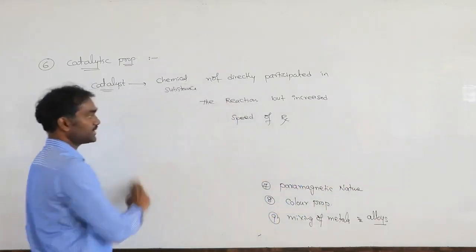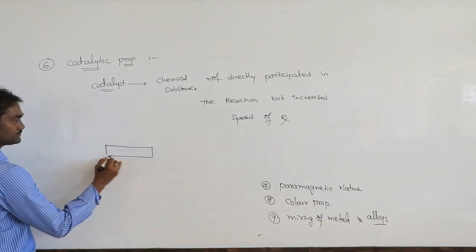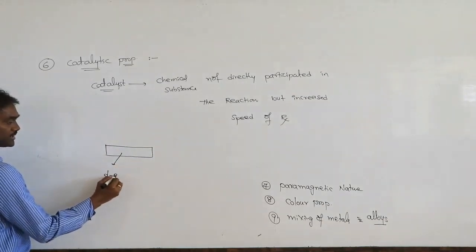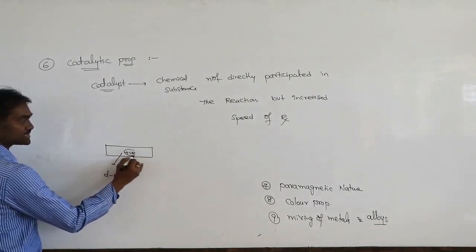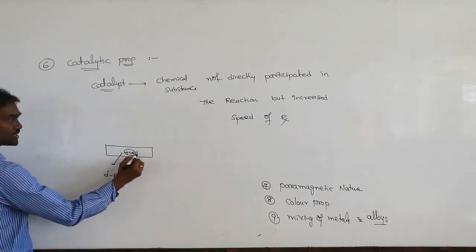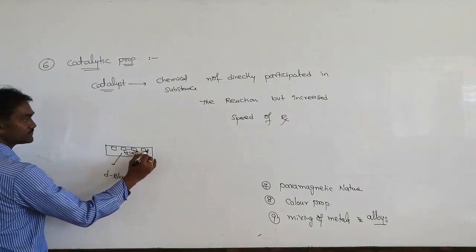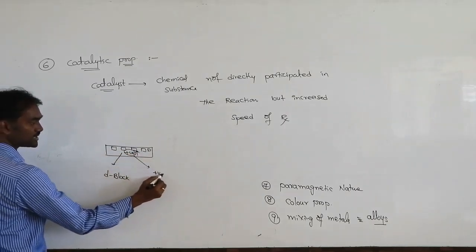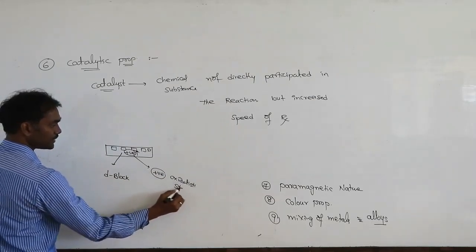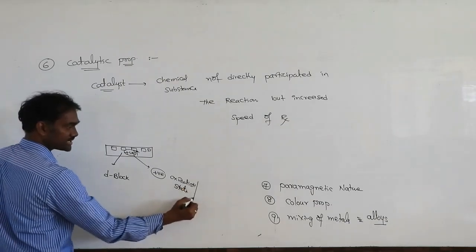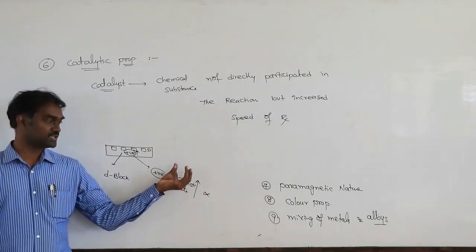Suppose you take a d-block element. The d-block element contains many positive oxidation states and empty orbitals. As positive oxidation states increase, positive charge increases.